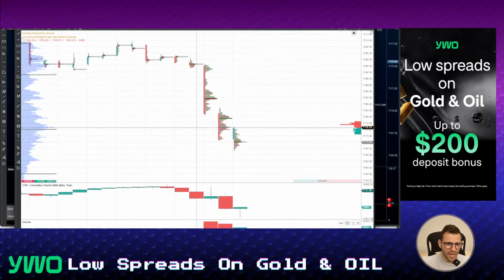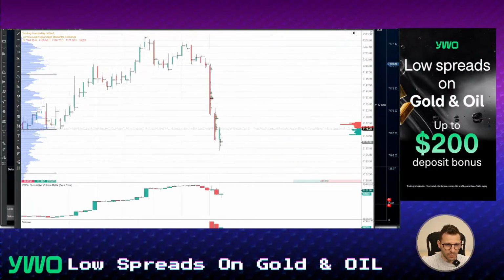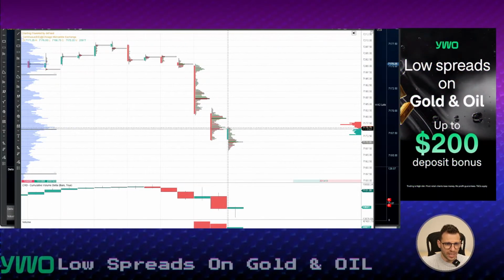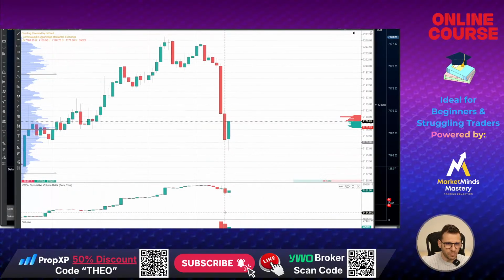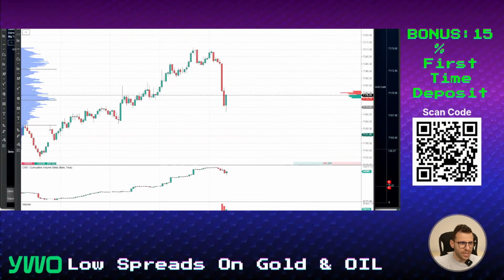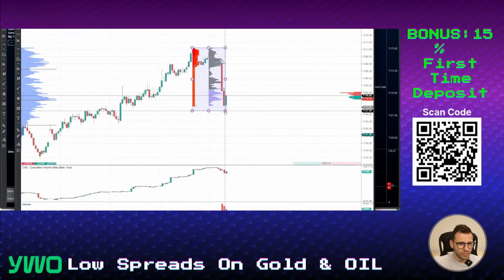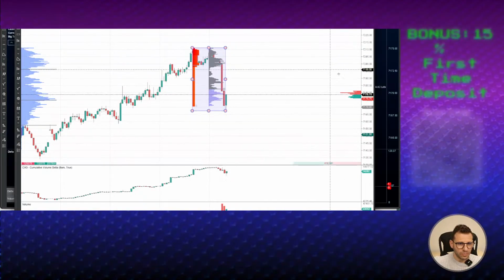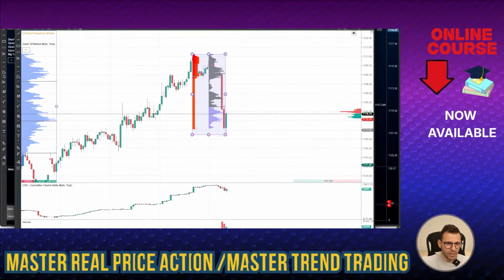Do you guys see the candles? See these candles? If I zoom in, you see the candles on the left. So the price is going up, approaching these areas. I'm expecting a retracement somewhere here, up there.